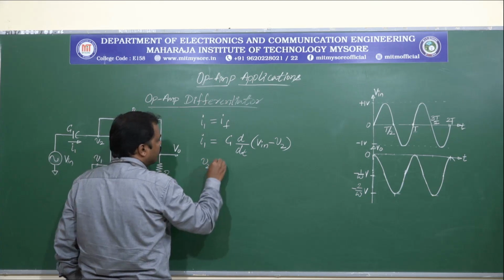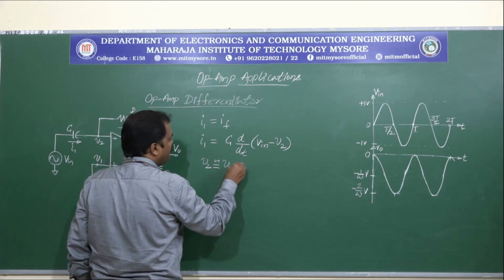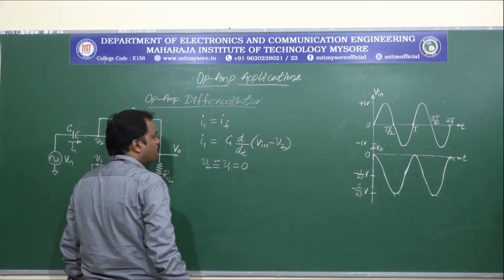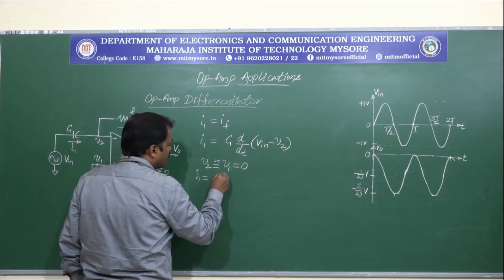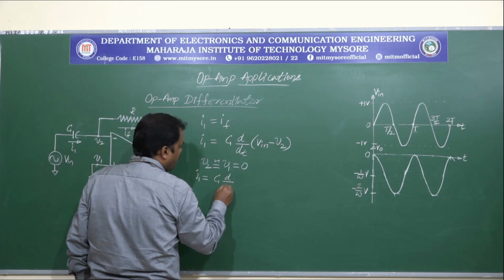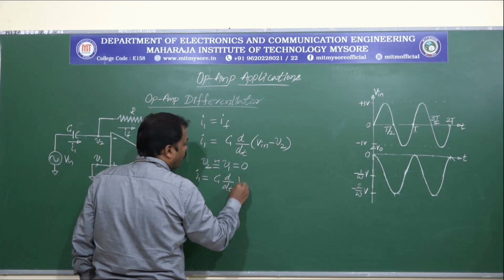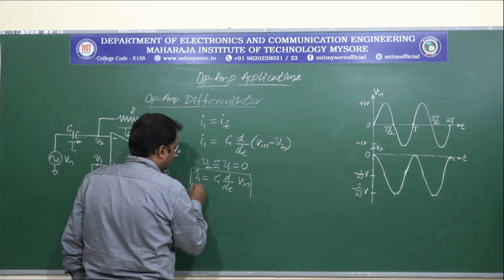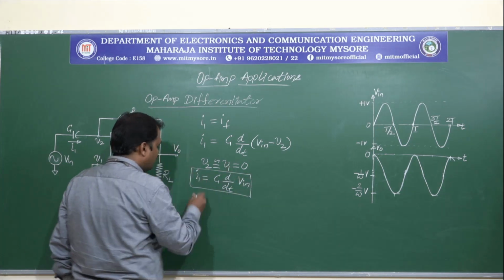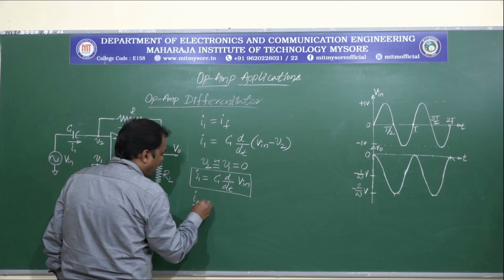And we know V2 is virtually connected to V1, so V2 is going to be 0. So I1 is equal to C into d by dt of Vin. And let us put up the expression for IF.